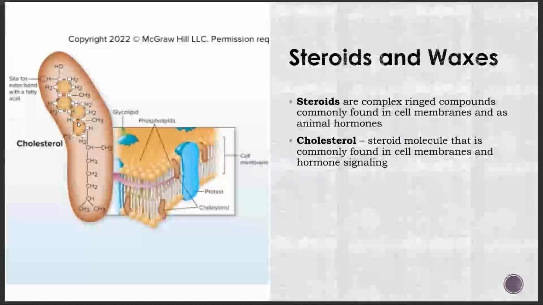They have a ring structure and a carbon hydrogen tail out here. These could be cholesterols, they could be estrogen, testosterone, a wide variety of different hormones that could act as fats or as signaling molecules. Cholesterols are commonly found in the cell membrane, help with signaling, and they also change the fluidity of the phospholipid bilayer.